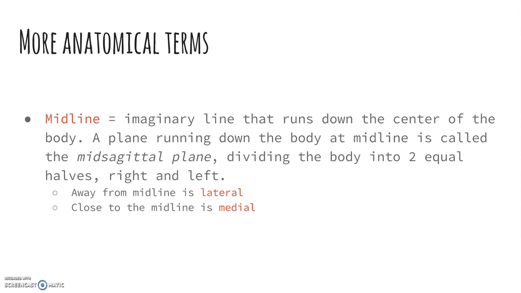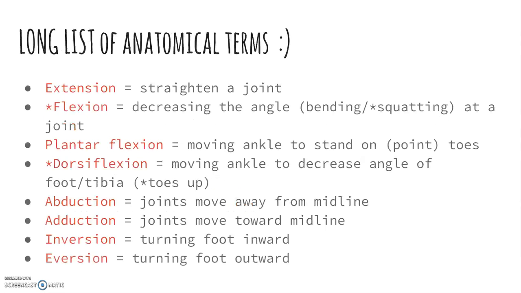A plane running down the body in the midline is called the mid-sagittal plane, which divides your body into two equal halves, right and left. The term midline can refer to a line running down the middle of any structure. If a part of the body is located away from midline, we say that it is lateral. If the part of the body is located close to the midline, we say it is medial.